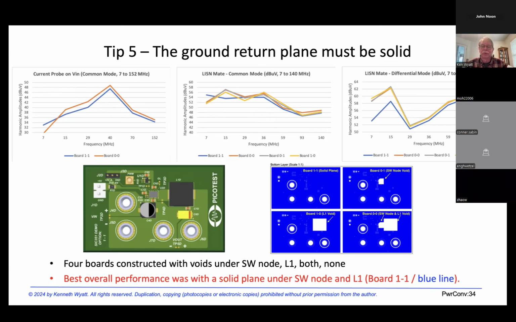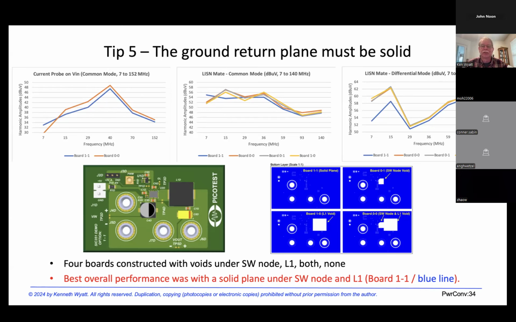There's some concern whether parasitic capacitance would affect the performance of the inductor. And in the plots at the top, the solid return plane was in blue, and the other different colored lines are different configurations.